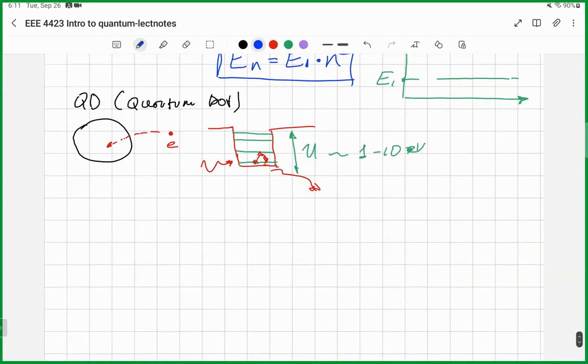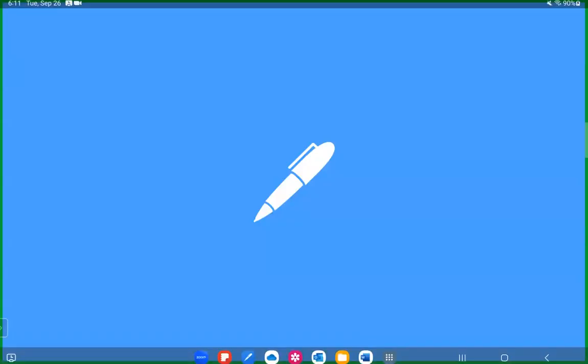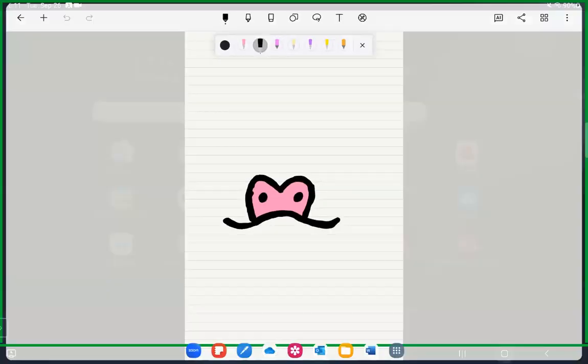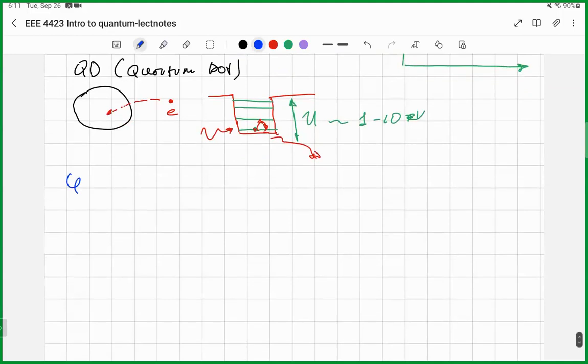So we found that the eigenstates of our system are given by this amplitude A, then sine kx, and k is pi n over a, times x.